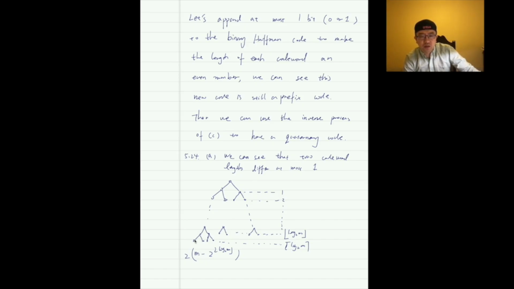For each node here, there's a corresponding node there, so this minus that is the total number of these guys here. We need to multiply by 2 to get the total number of nodes here. This is basically the property of the optimal code that we need to describe.